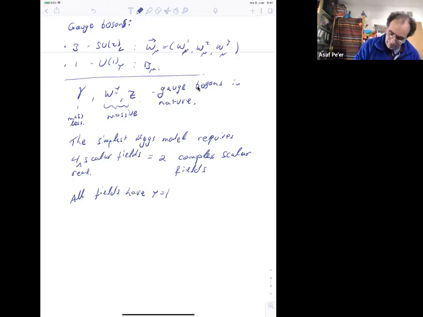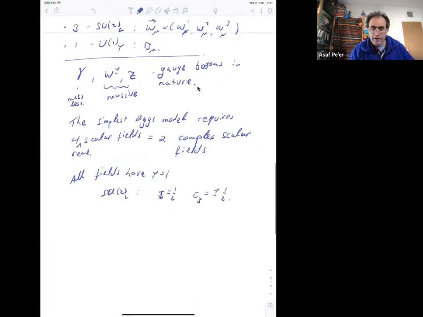So for the SU2, we put them in I equal 1/2, and I3 is plus minus 1/2. And again, the sign is going to show the electric charge, similar to what we did so far.